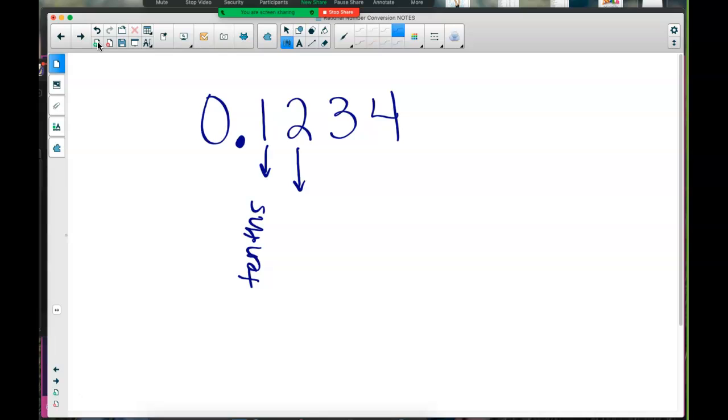Hundredths, with the THS at the end. The 3 is in what place value? Go ahead, Jada. Thousandths.